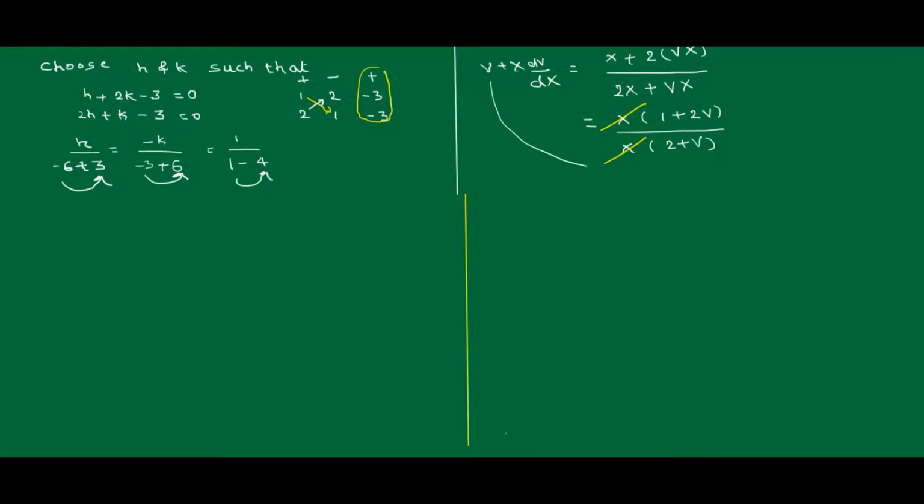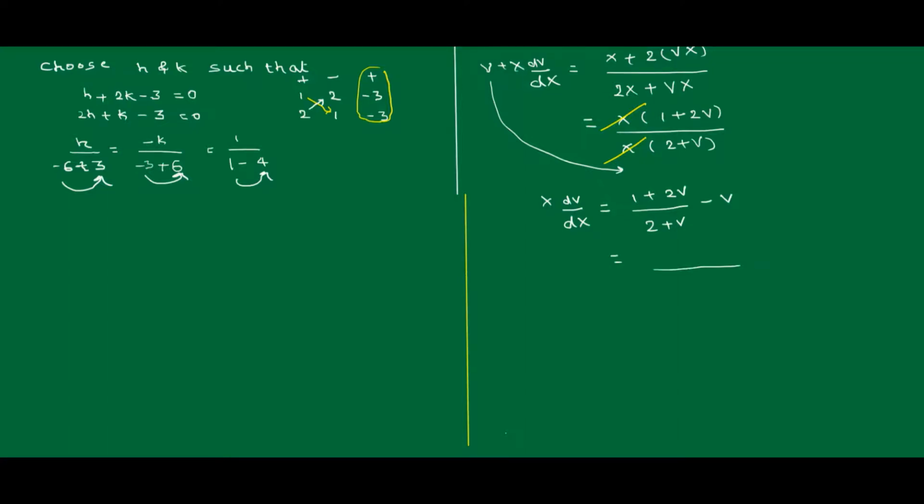Now transpose this v to the right hand side. So we are left with x into dv divided by dx is equal to 1 plus 2v divided by 2 plus v, and transpose v to the right hand side, you will get minus v.